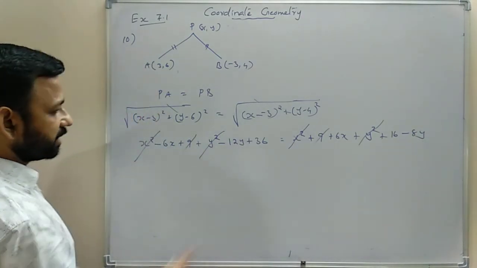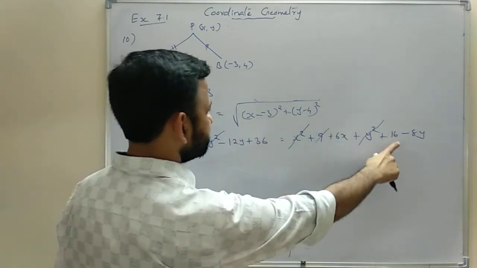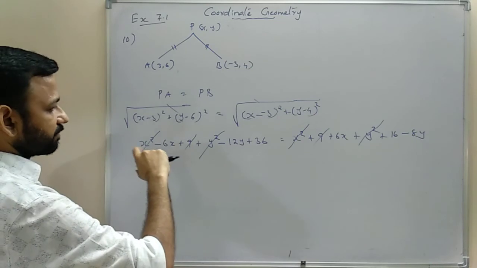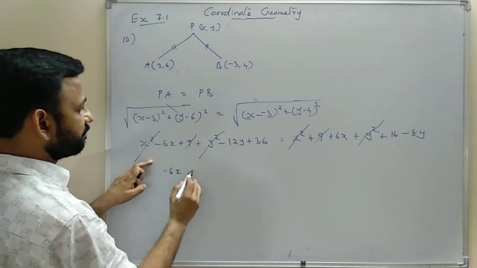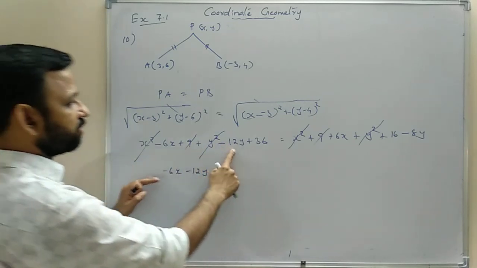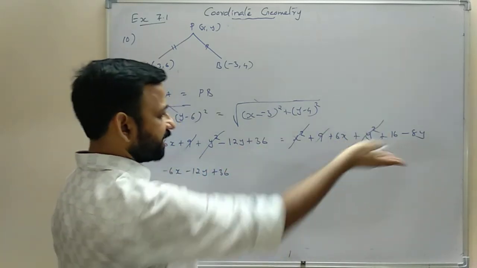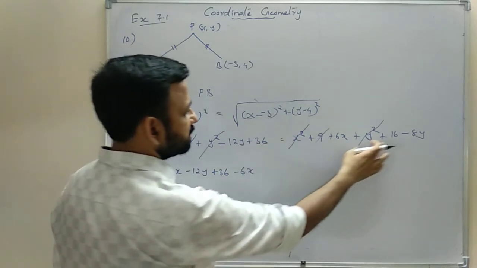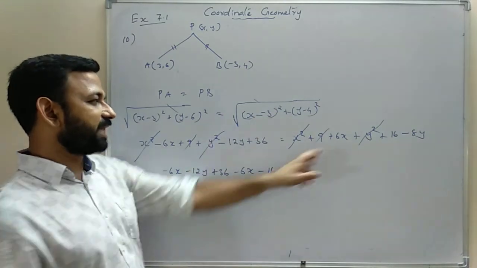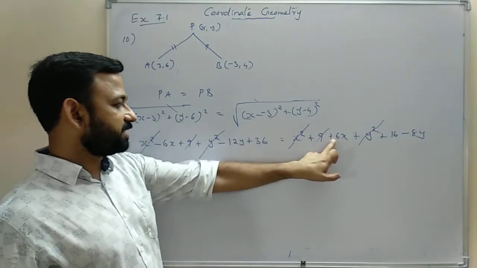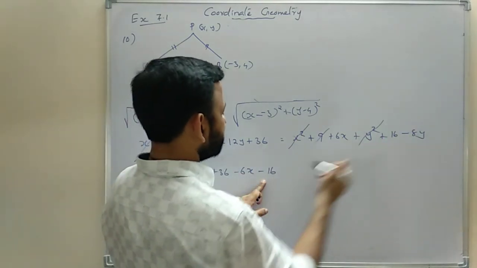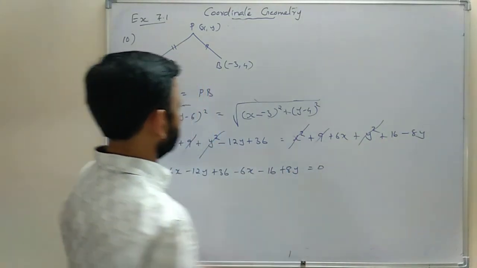Now we have 36 here and 16 there. So minus 6x minus 12y plus 36, we can take from right to left. When we take from right to left, the sign will be the opposite sign: plus 6x becomes minus 6x, plus 16 becomes minus 16, and minus 8y becomes plus 8y, equal to 0.